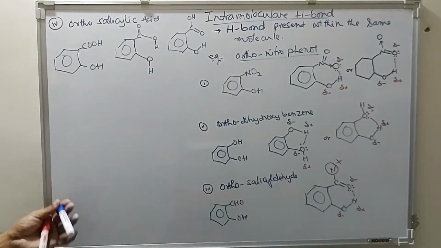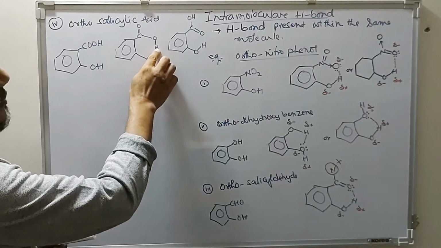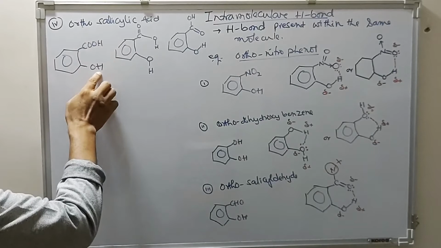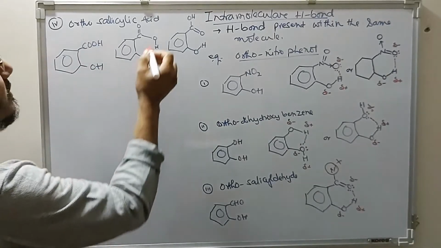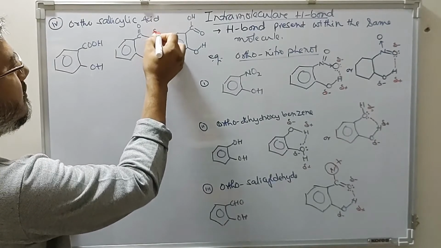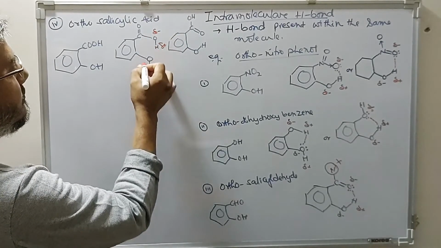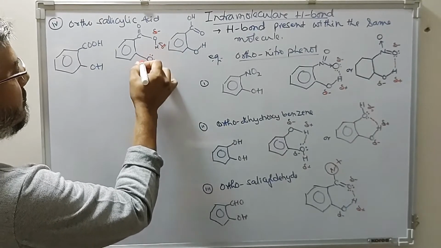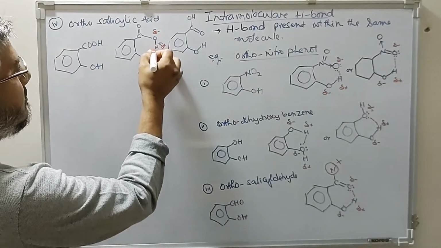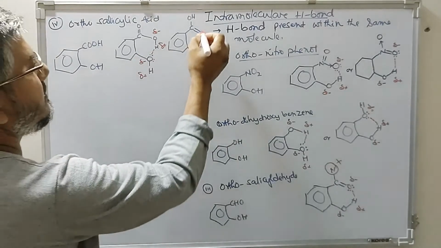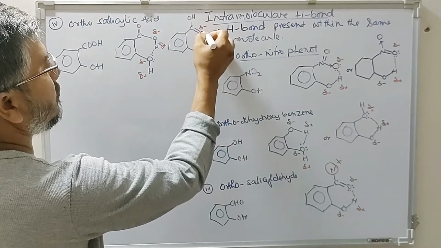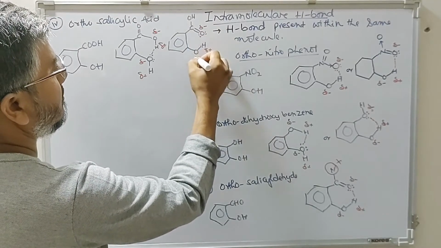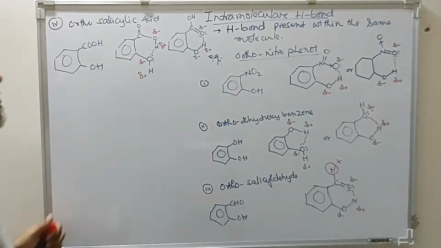In both cases, the hydrogen of the acidic group as well as the hydrogen of the OH group can be involved in hydrogen bond. This is negative, this is positive, hydrogen bond. Same here, this is negative, we have 2 electrons here. So these are some examples of intramolecular hydrogen bond, and I'll take a very important point here.